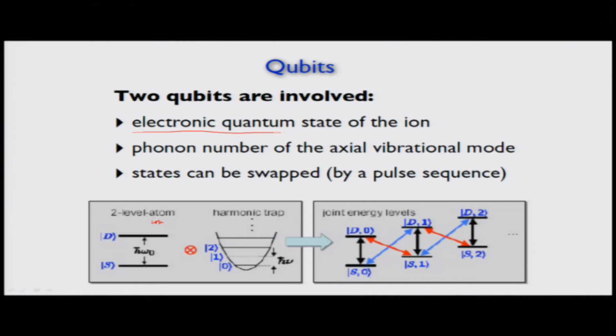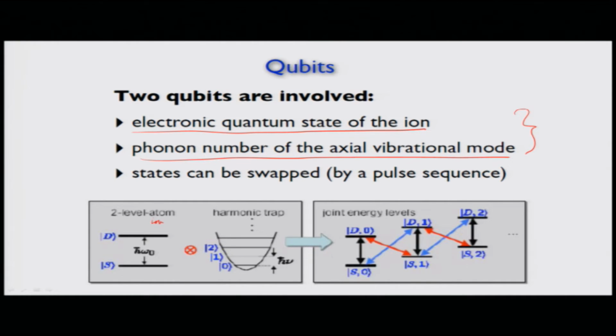So, the electronic quantum state of the ion as well as the photon number of the axial vibrational mode are the ones which get coupled because of this particular principle, and they are put together as our qubit system, which can be swapped.